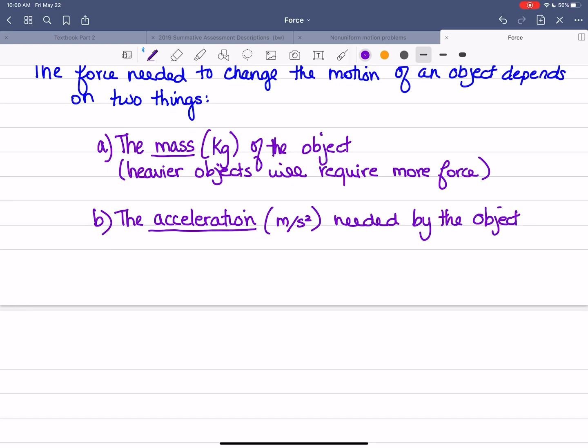So how much do I need to accelerate the object? The faster the rate of change, the higher the force needed. So the faster the acceleration or the rate of change, the more force needed.